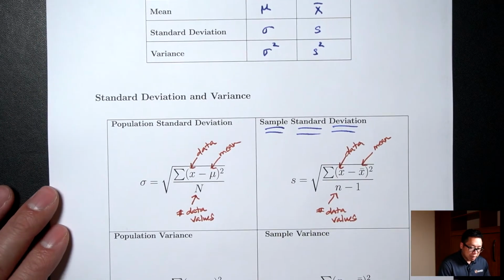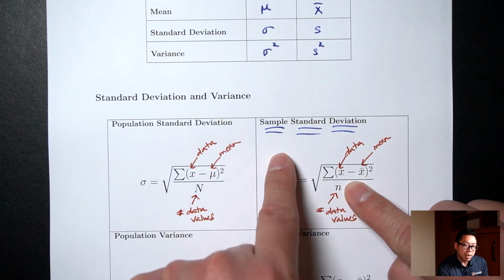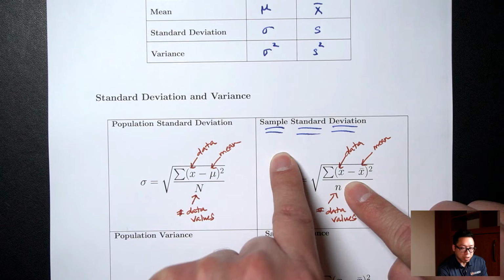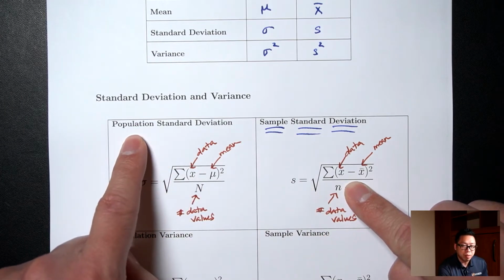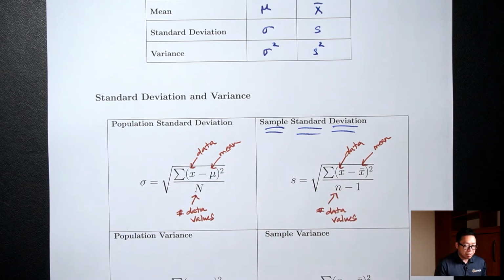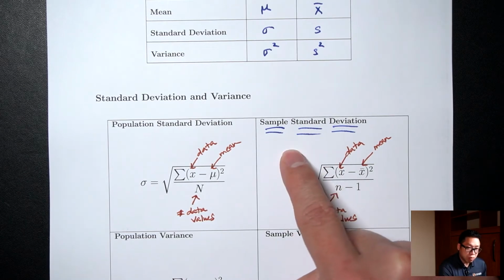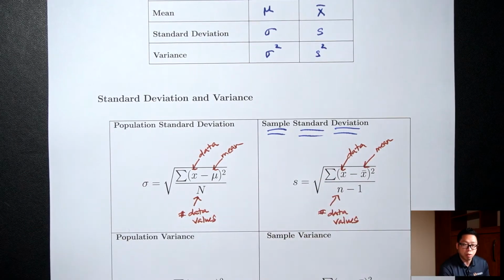It turns out that if I didn't have this minus 1, the answer for the sample is not a good approximation to the answer for the population. It's too small. So to adjust for that, instead of dividing by n, we divide by n minus 1. And by doing that, we do get a good approximation when we do the sample version compared to the population version.